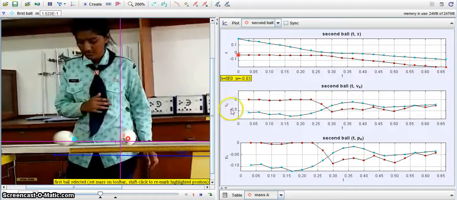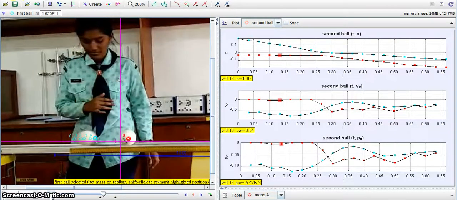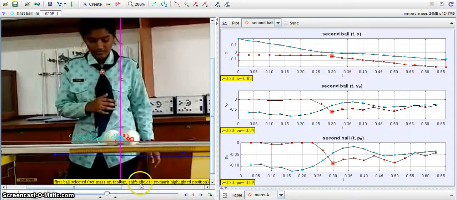So this is the motion of the second ball. Of course, it is motionless. Okay, it is at rest, and we try to find constant velocity for the first ball, right? As you can see here, we try to find the constant velocity of the first ball.